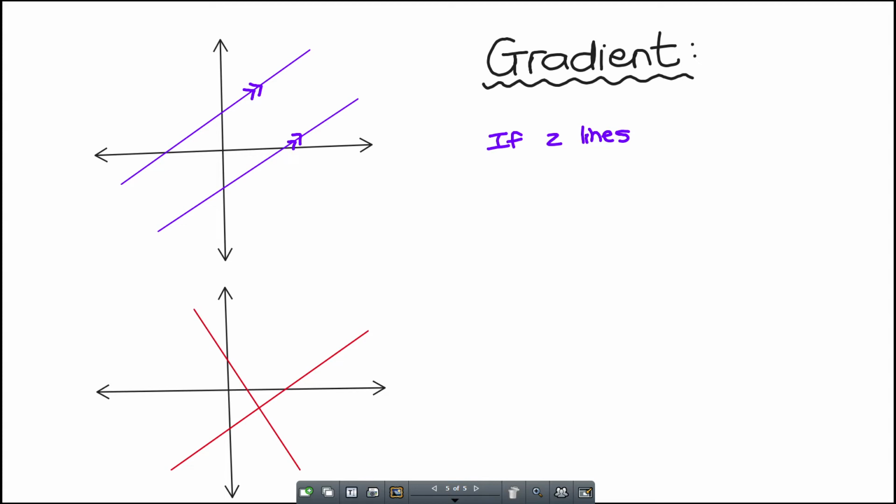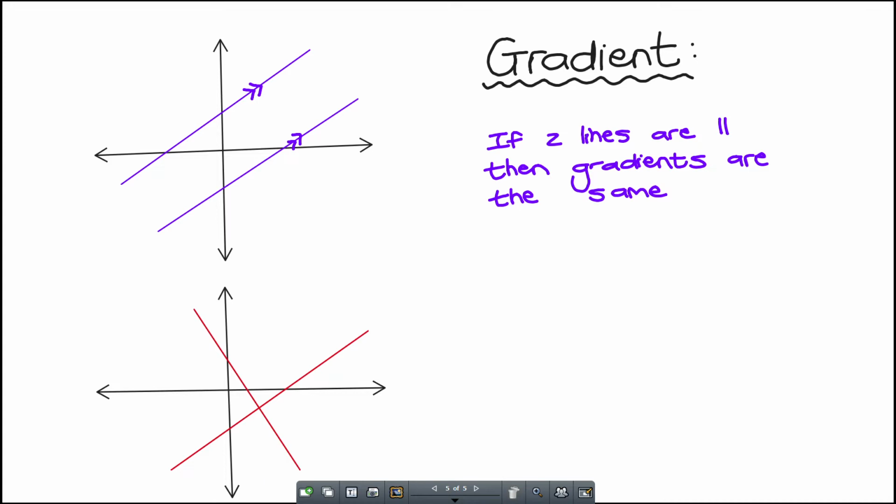As ek twee lyne het wat parallel is aan mekaar, okay, so if two lines are parallel, then the gradient of them will be the same. So as twee lyne parallel is aan mekaar, dan gaan hulle gradiënte dieselfde wees.